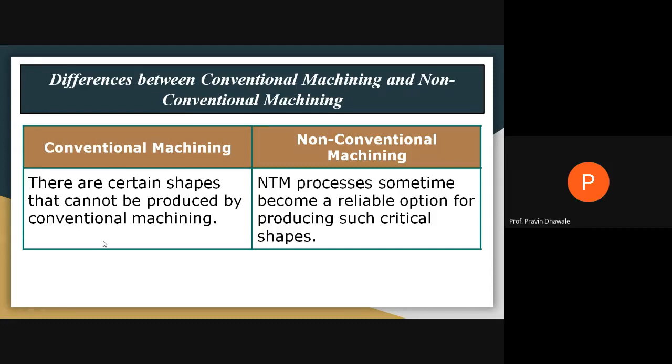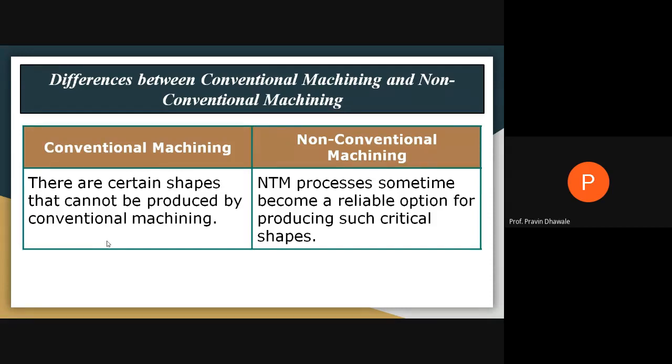Means by using the conventional machining process, certain complicated, critical shapes cannot be easily manufactured. But in case of a non-conventional machining process, we can easily produce certain critical shapes that are not feasible by using the conventional machining process. Means critical shape objects, small diameter holes.